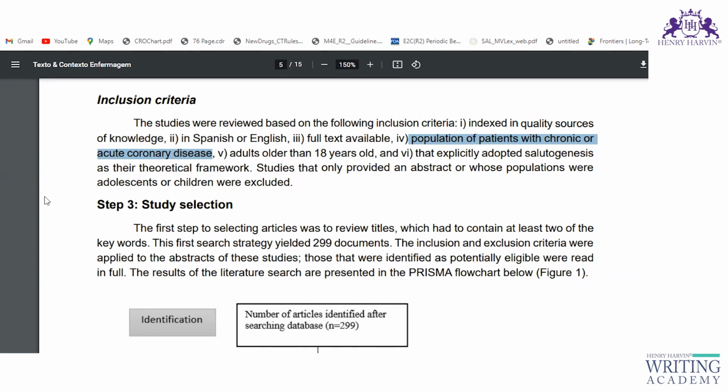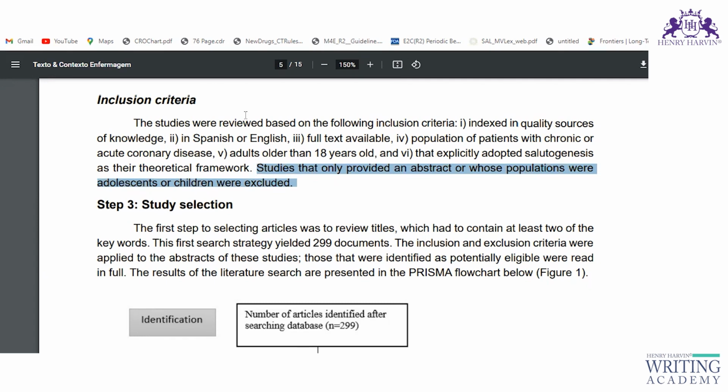Then the age of the population should be adults older than 18 years old. Studies that explicitly adopted cellulogenesis as their theoretical framework, meaning the studies related to cellulogenesis, are the only ones considered here. The authors will only select those studies.